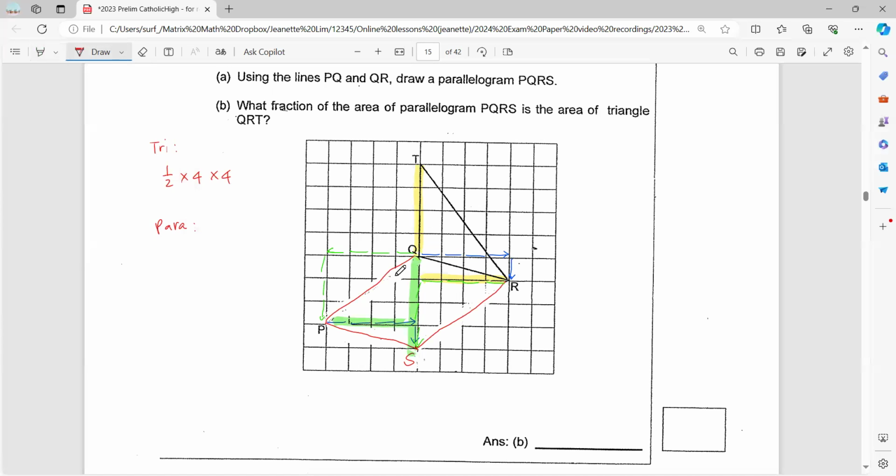And the parallelogram is twice of that. The base is 4, height is 4. So the parallelogram is 2 times half times 4 times 4. So can you see half times 4 times 4 is the same as a triangle, but the parallelogram has 2 of that to form the area. So what fraction of the parallelogram is the triangle? Triangle is half of the parallelogram, so half.